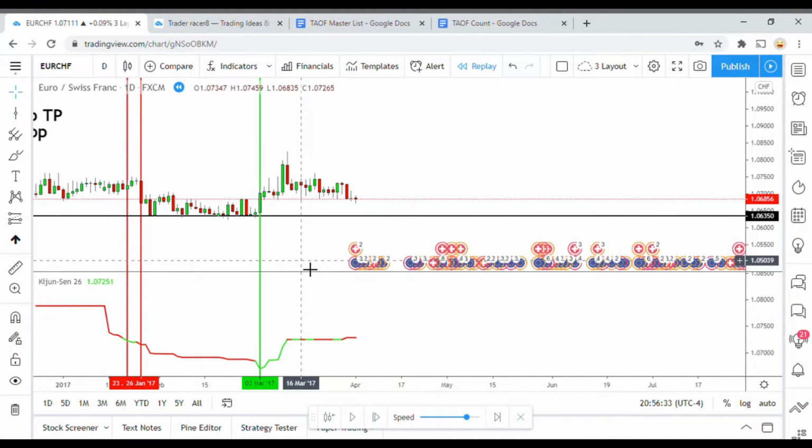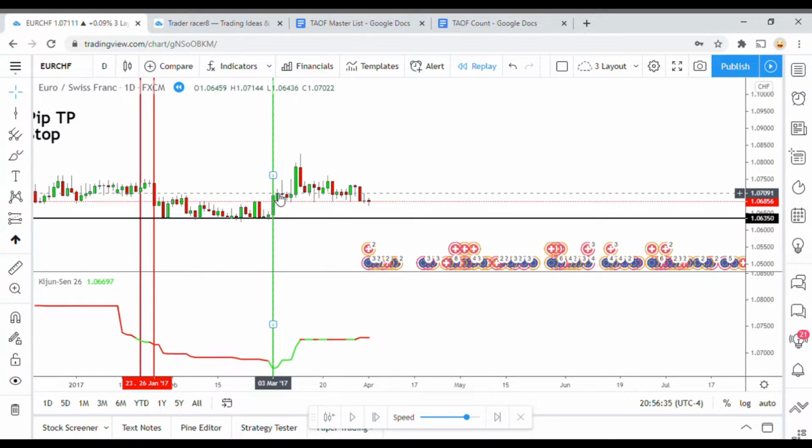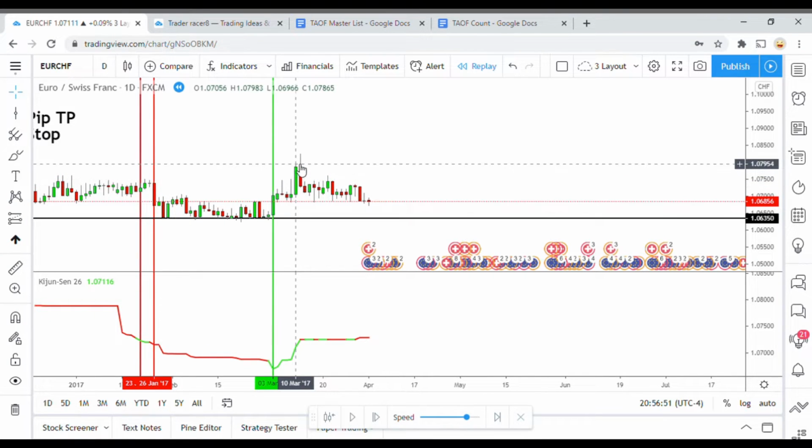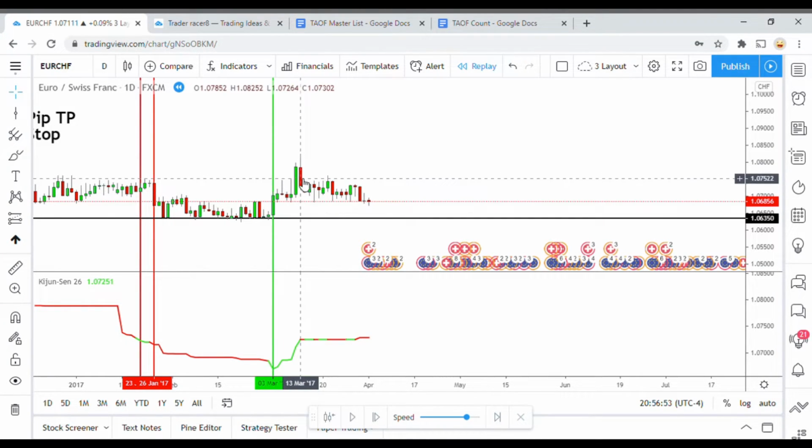And so you can see a prime example of what I was referring to right here. So it bounced and it definitely made a strong push upwards. But you can see that almost immediately we had this massive red bar come down here, almost engulfing this entire large green candle here.